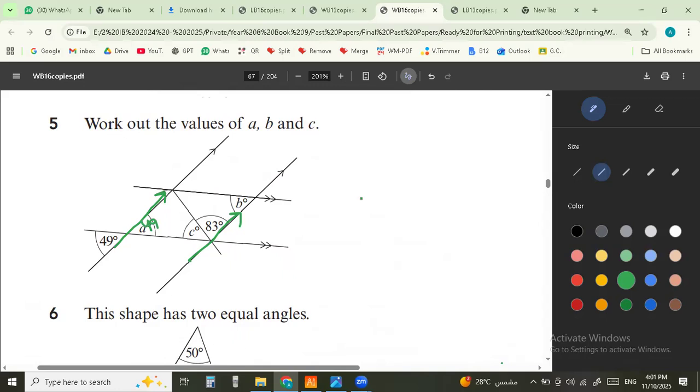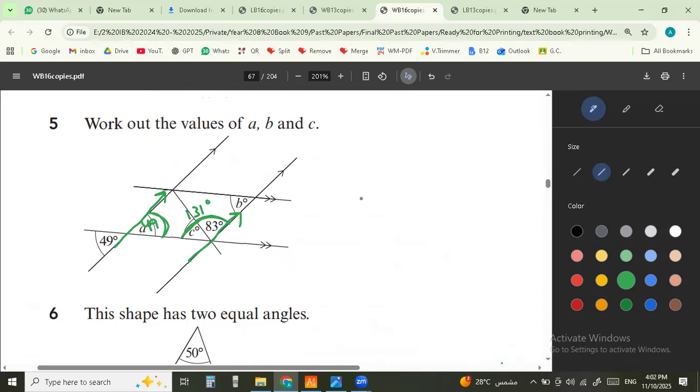But here, you see this is co-interior with this one, making it the U or the C letter. You see the U letter here. So this is 49. So all of this together is going to be exactly 131 degrees, which completes the 180.